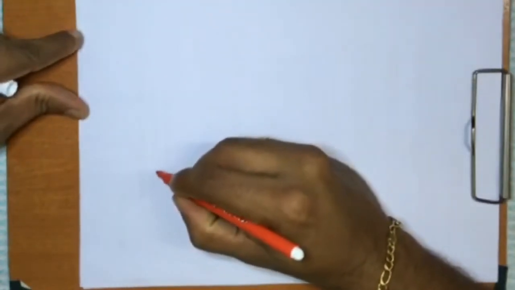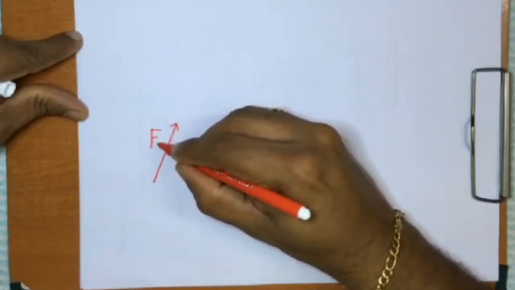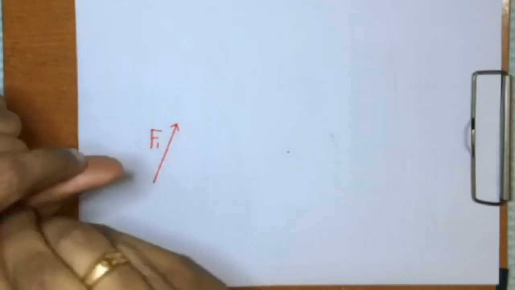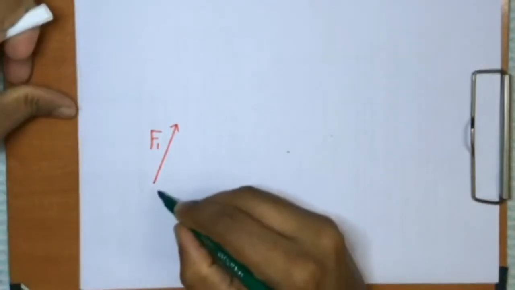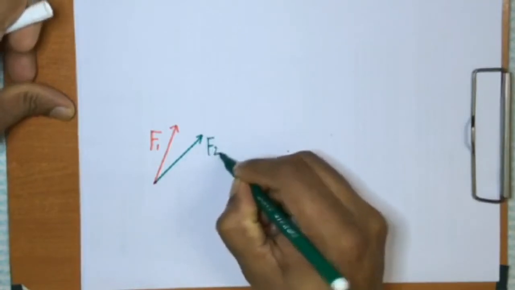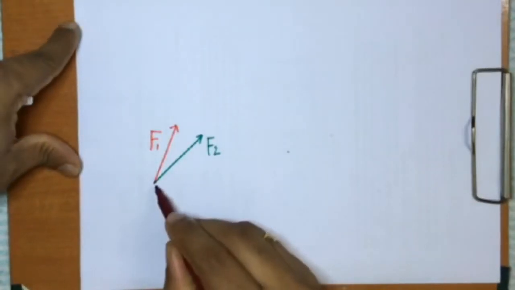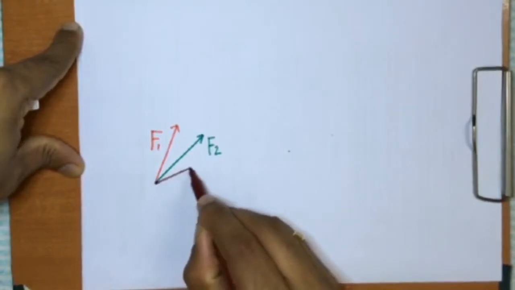Now let us try to see how more than two forces can be added. For this case, let us consider three forces. Let this be the force F1, then you have the next force F2, and then you have the third force F3.